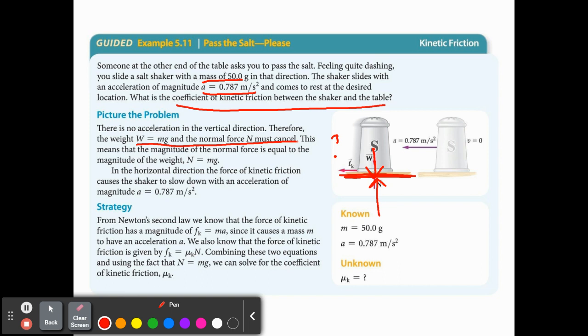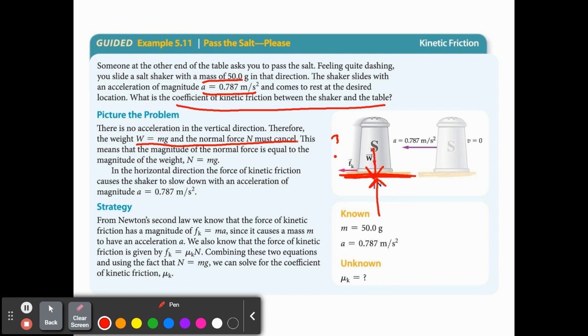All right, so I'm sliding the salt shaker across the table. I'm not picking it up, right? So if I'm not picking it up, there is no movement in the vertical direction, right? So since I have no movement in the vertical direction, my force due to weight has to equal my normal force. Okay? Because that's going to be the basis for finding everything else.